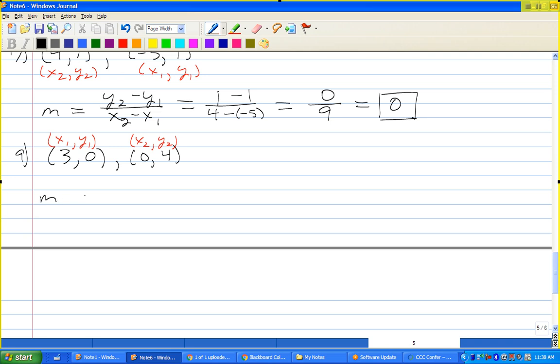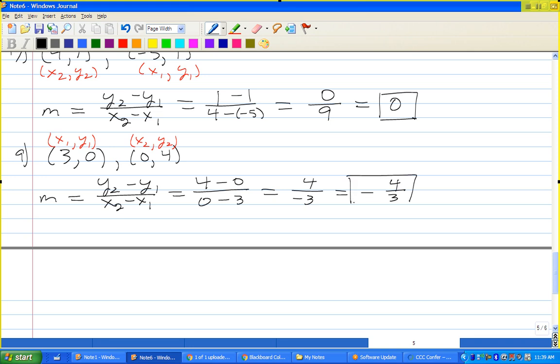So the slope is equal to y2 minus y1 over x2 minus x1. So 4 minus 0 over 0 minus 3. So 4 over negative 3. So your answer is negative 4/3.